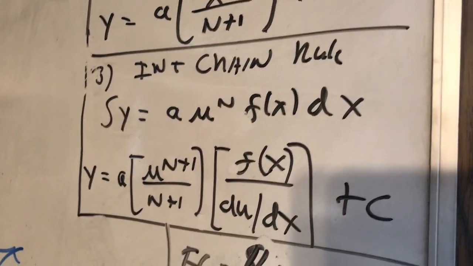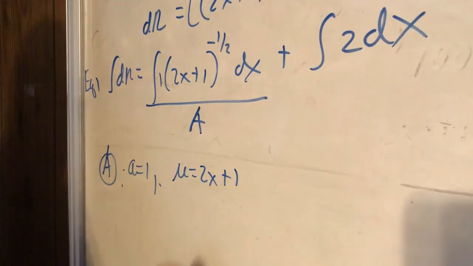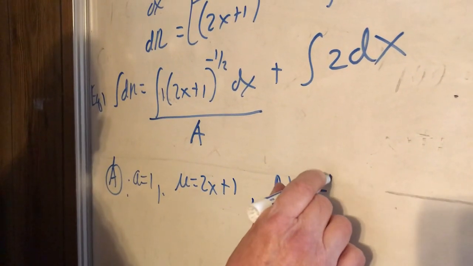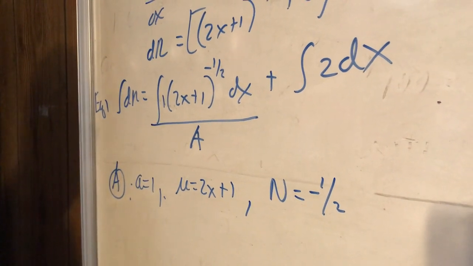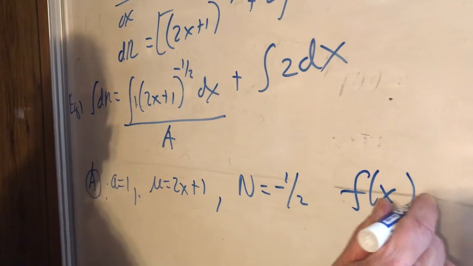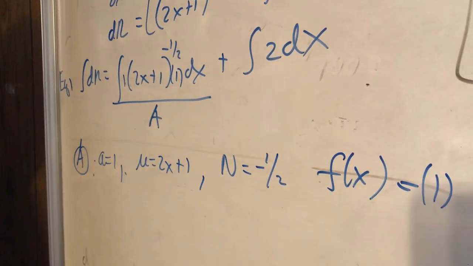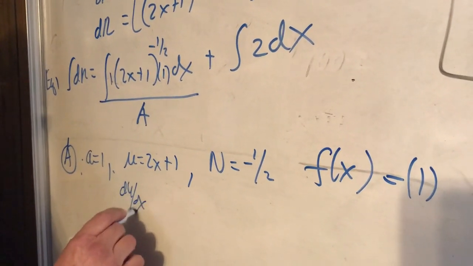A is 1. u is 2x plus 1. n equals minus 1/2. Notice we're not doing exponentials now. f of x equals what? f of x would be 1. So du/dx is 2.